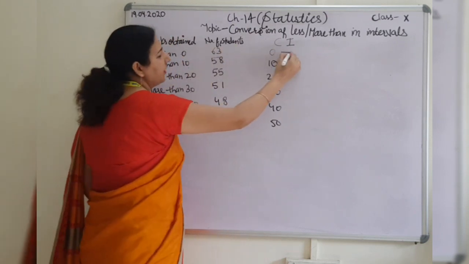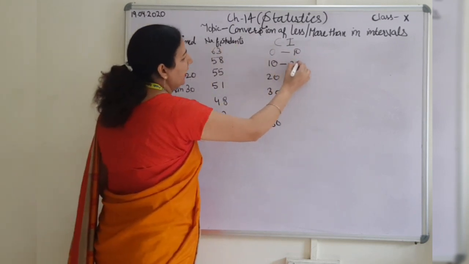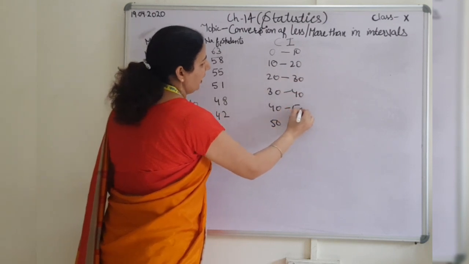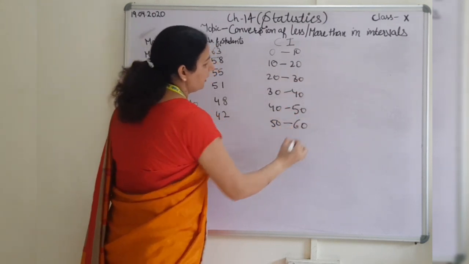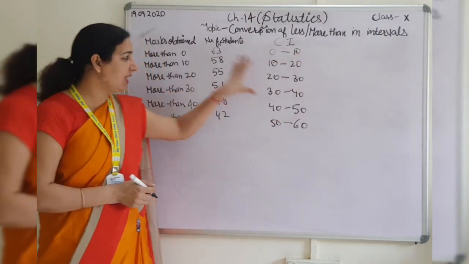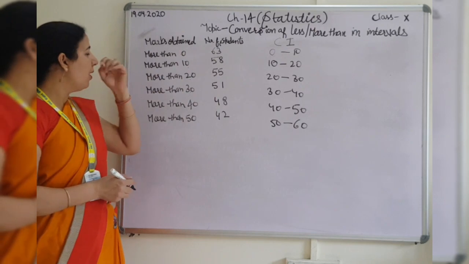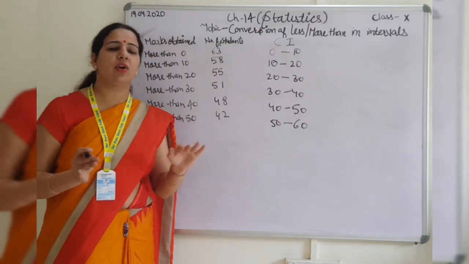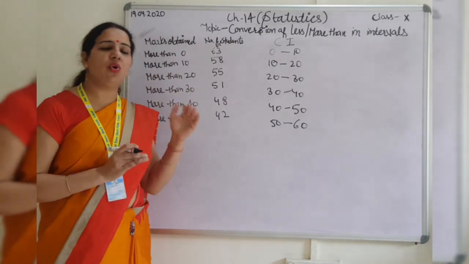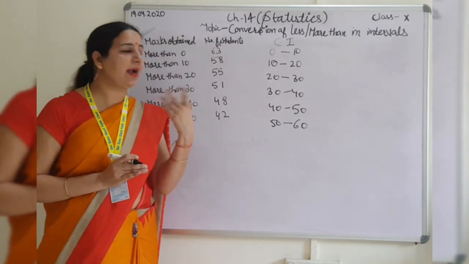Now 0 to 10, because the gap is of 10, then 30, 40, 50 and the last one is 60. And this row will not come here exactly the same. What we have to do: more than 0 means all the students who have scored more than 0 marks. More than 10 means all the students who have scored more than 10 marks.